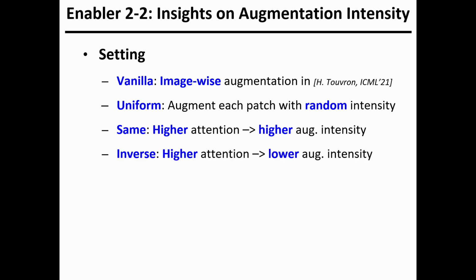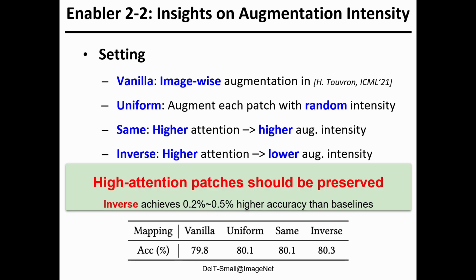The same and the inverse mean that we explore different mappings, using a higher attention for higher augmentation intensity, or higher attention for lower augmentation intensity. The experiment shown below tells us that high attention patches should be preserved to maintain the important features in identifying the object during vision transformer training, because inverse actually achieves 0.2 to 0.5 higher accuracy over the 3 baselines.